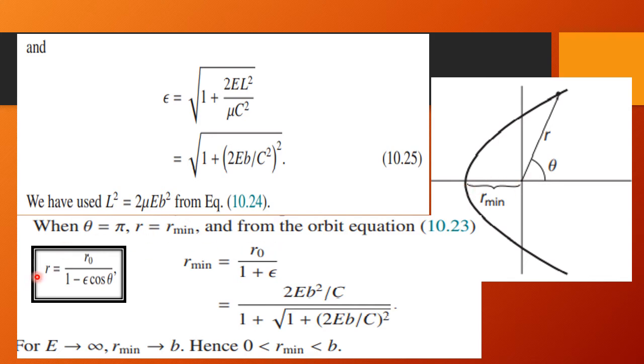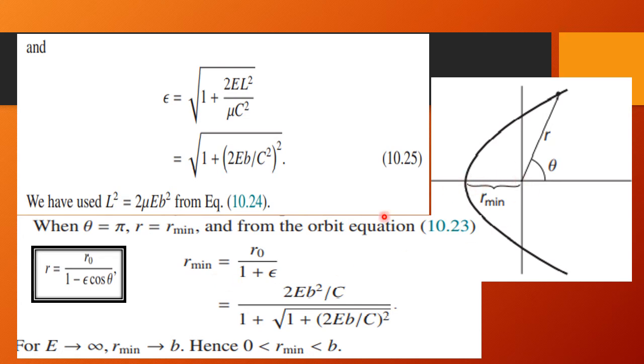Therefore our equation becomes r0 by 1 minus epsilon cos theta, where cos pi is minus 1. So r minimum is equal to r0 by 1 plus epsilon. Substituting for r0 as 2E b square by C, and epsilon from the relation, 1 plus root of 1 plus (2Eb by C) whole square, this is the equation for the minimum distance up to which the projectile reaches the interaction point.